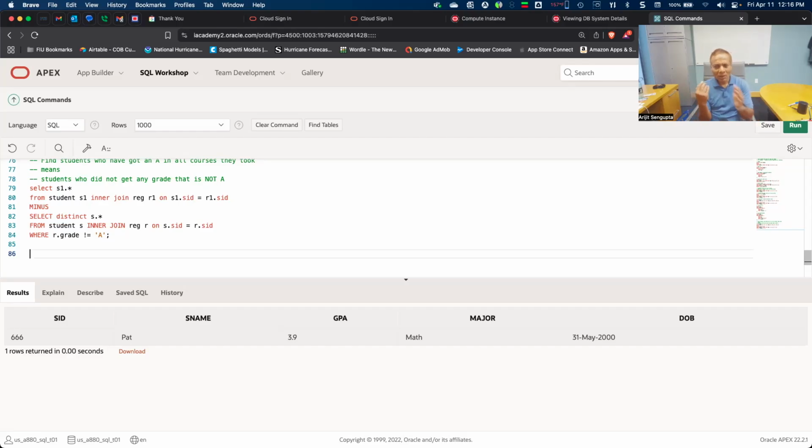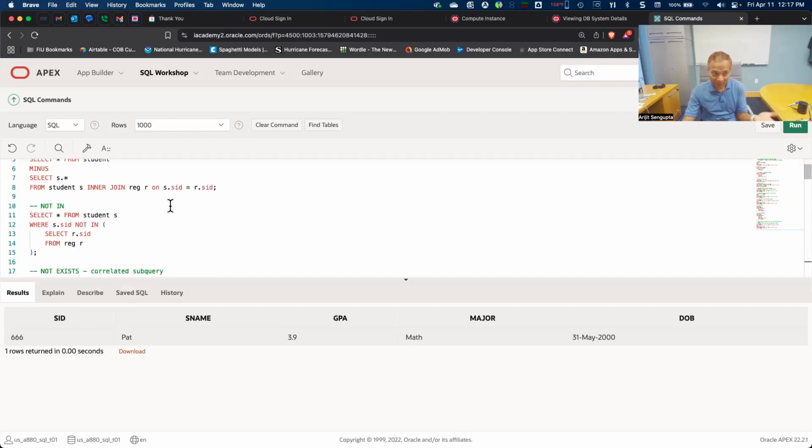Okay. So let's do a quick recap. How do you solve non-monotonic queries? The idea is that you should first recognize that it's a non-monotonic query. That's the first step. And once you recognize it, you have many different ways. You can do a minus.